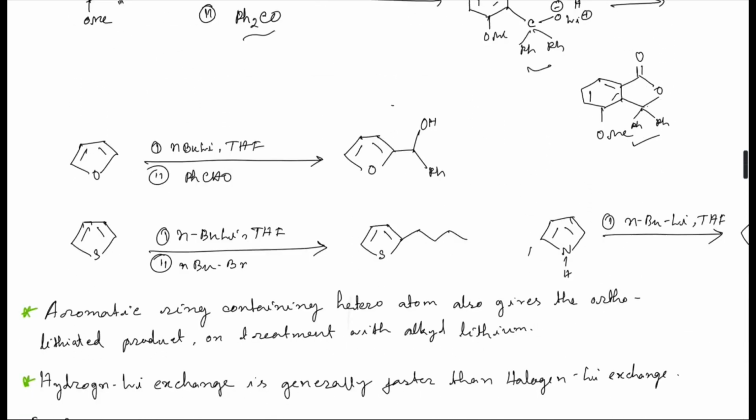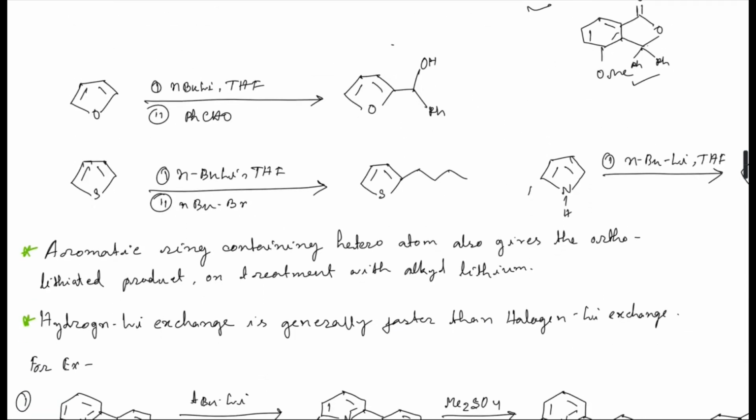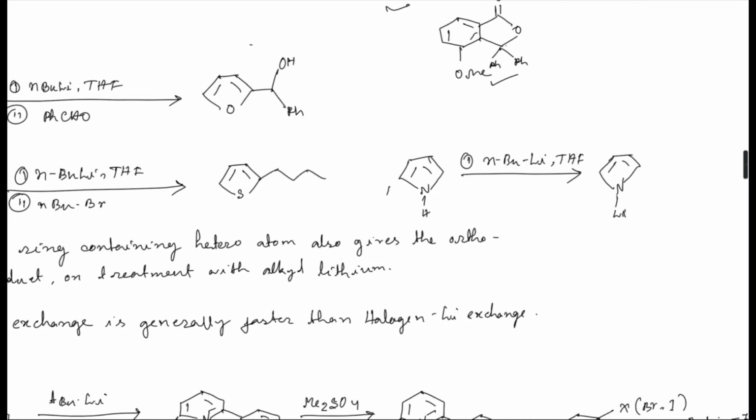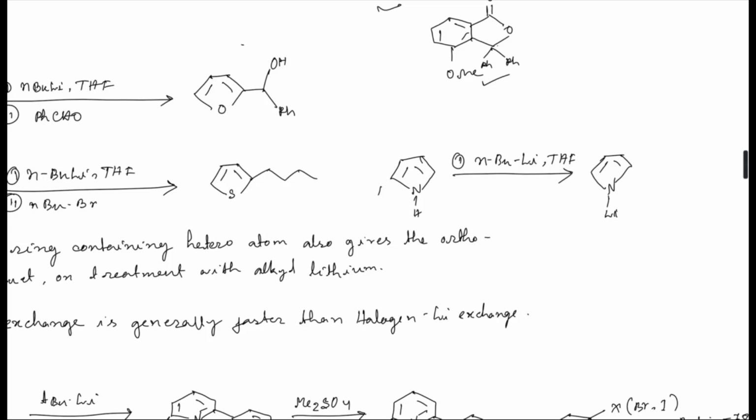Another thing is that if the aromatic ring has a heteroatom, then this ring will also give a similar type of product, like furan and thiophene. But in the case of pyrrole, 1 equivalent of butyl lithium gives the lithium salt of pyrrole.